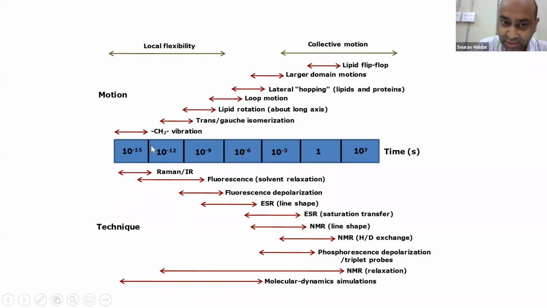NMR relaxation can be used to study the motions over a wide range of time scales, all the way from picosecond to an hour time scale, and all these things can be complemented by molecular dynamic simulations, either all atom molecular dynamic simulation or, to a slightly larger time scale, using a coarse grain molecular dynamic simulation.